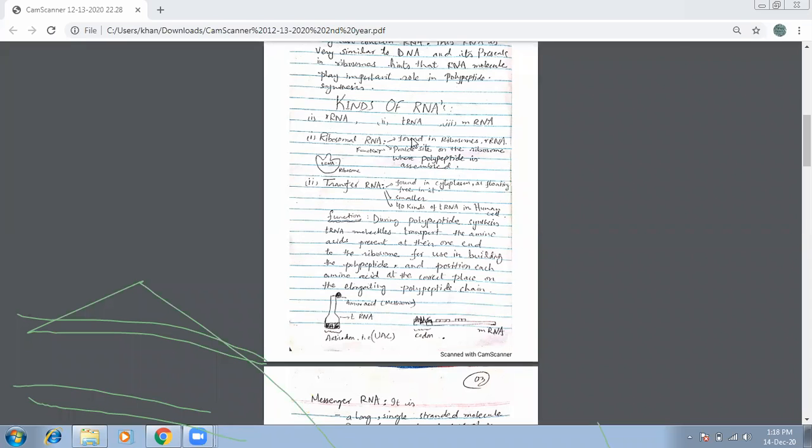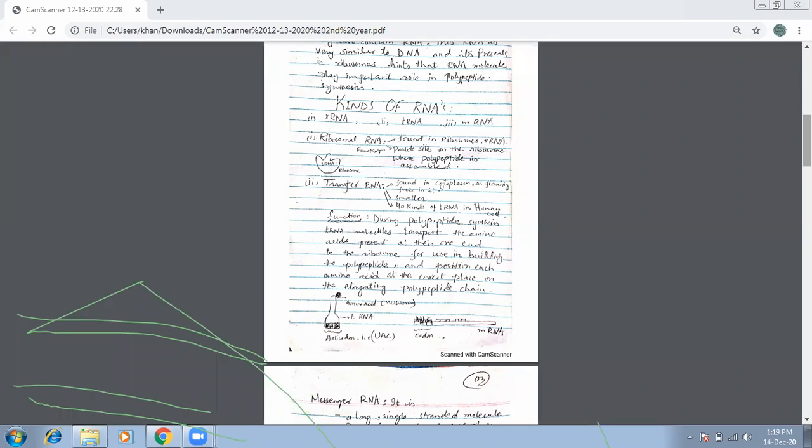When two amino acids join together, they join by a peptide bond. The function of the transfer RNA is to position each amino acid at the correct place on the elongating polypeptide chain.